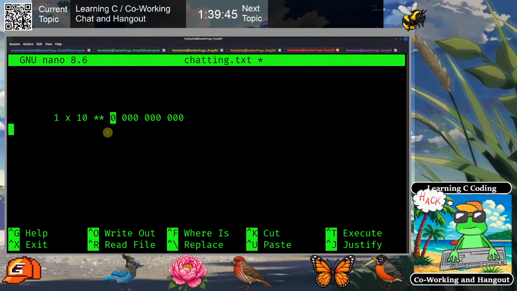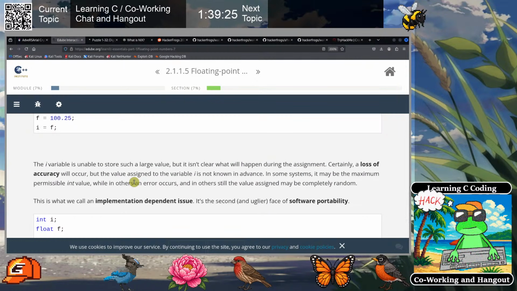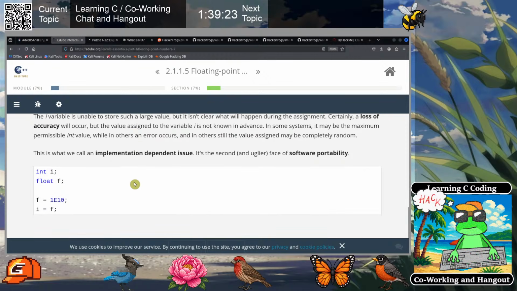So it's 10 billion? There should be 10 billion, right? So 1 times 10 to the power of 10 zeros. Okay, so this will not work because this is supposed to be a 32-bit integer.